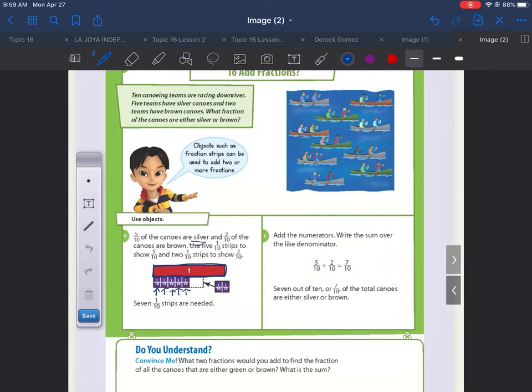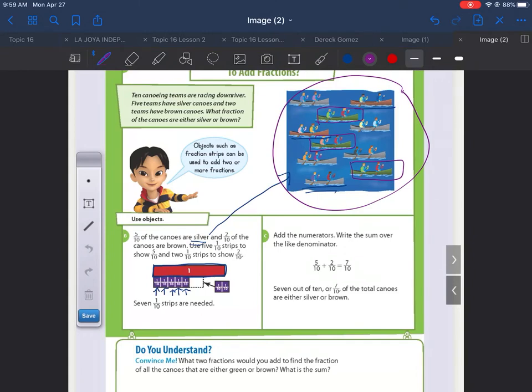Notice that the question was talking about the silver canoes, and it was also talking about the brown, which are the ones that are here. The silver, and then 2 out of 10 are going to be brown. But notice that on my actual whole, this is the red part, the whole thing. There are also green canoes that are not mentioned there. If you notice, there are 3 more green canoes.